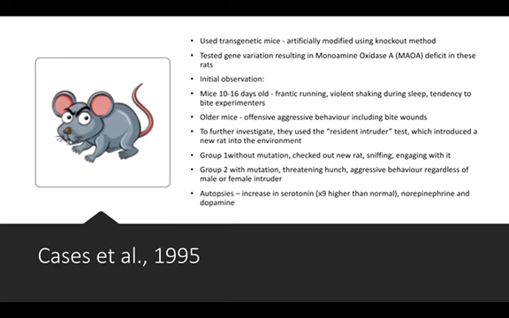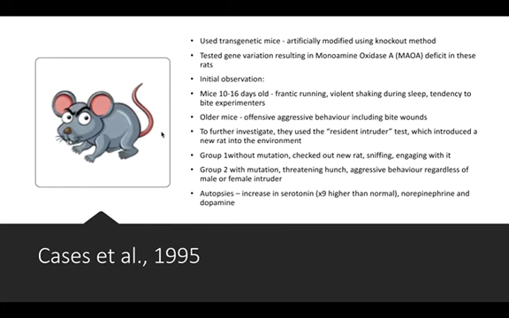So if it's increasing these neurotransmitters, does it have any effect on behavior? Okay, so Cases et al. basically tested this variation in mice to check if similar behaviors may be portrayed. Similar behaviors being aggressive behaviors as seen in the Dutch family. Okay, they used the knockout method to remove the gene that regulates the production of MAOA.